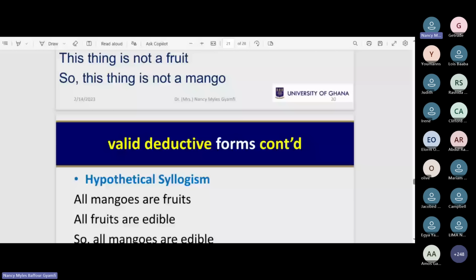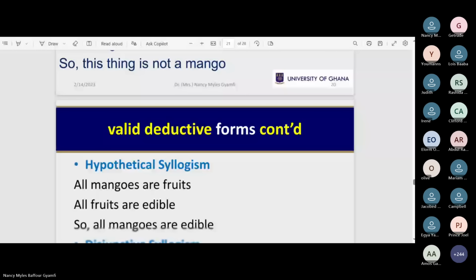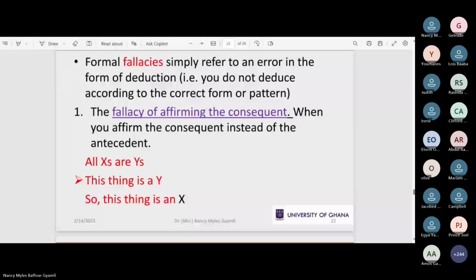Okay, so madam, in a case of the fallacy, what if I say all mangoes are fruits, and I say this pen is not a mango, therefore it is not a fruit. Is it a fallacy? All mangoes are fruits.